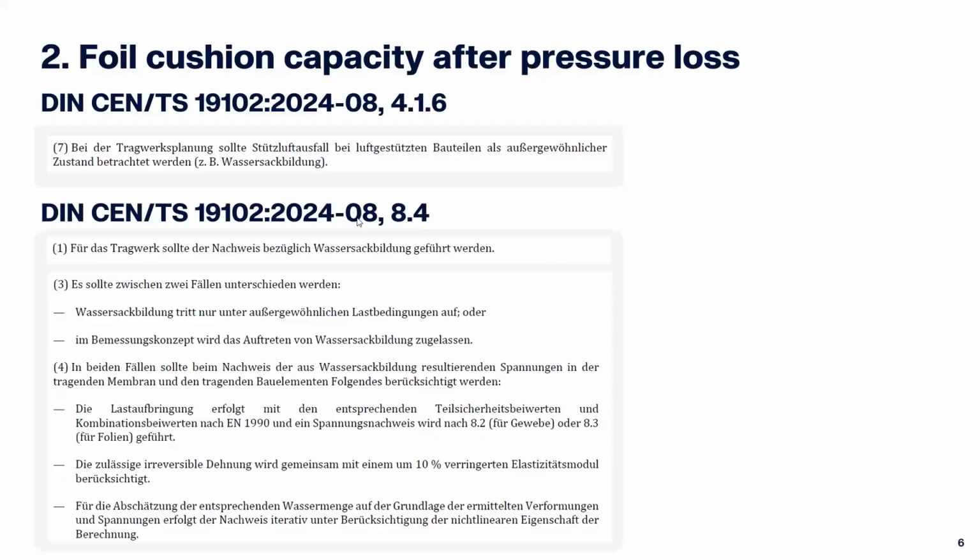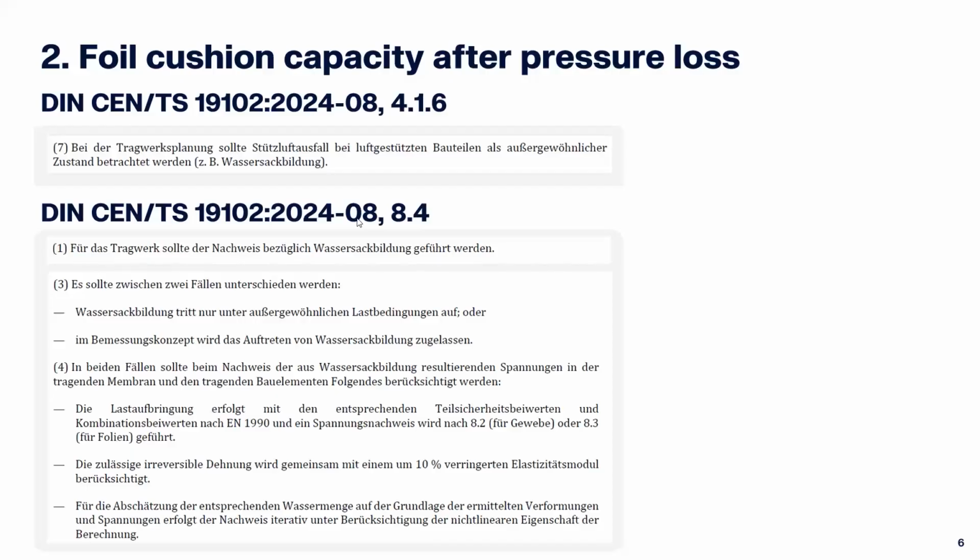And there you have two different cases. Either ponding is only an exceptional condition, or ponding is part of the design concept. In our case, it will be an exceptional condition.